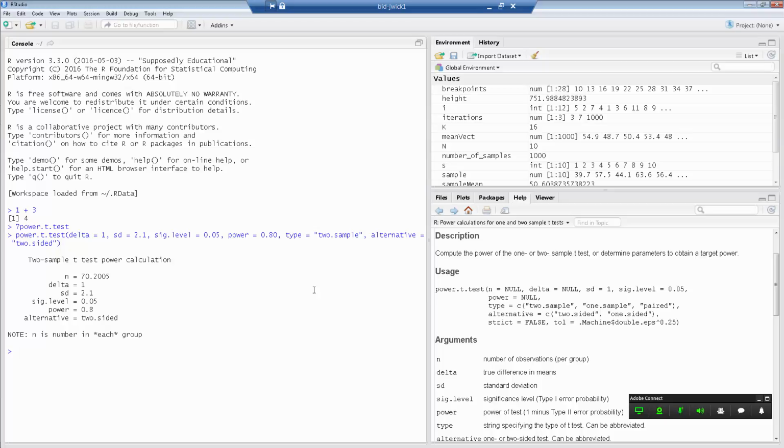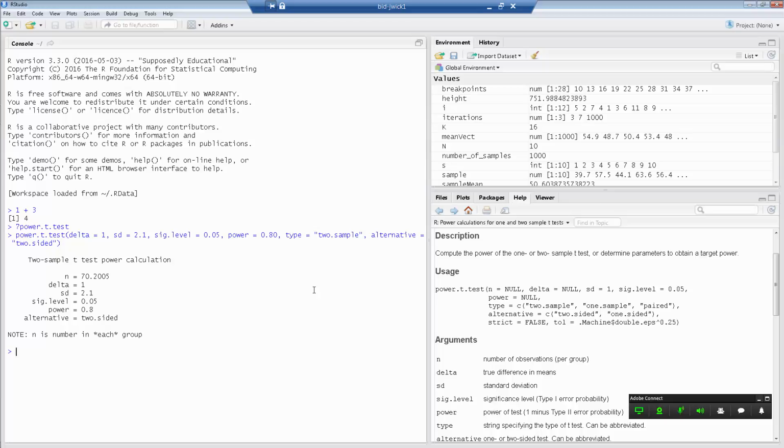This tells me I've done a 2-sample t-test power calculation for a difference between the groups of delta equal 1, assuming that the outcome measurement has a standard deviation of about 2.1. Alpha is 0.05, power is 0.8, and I've done a 2-sided test. So I should be able to detect with statistical significance a shift of 1 in either a positive or negative direction.